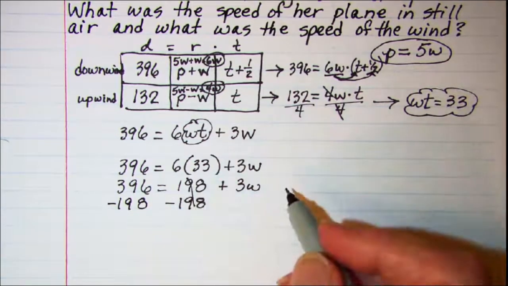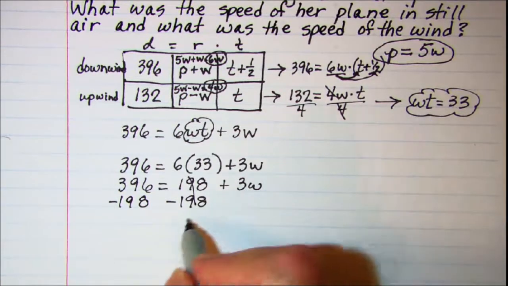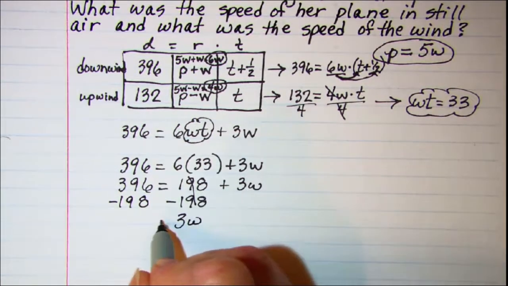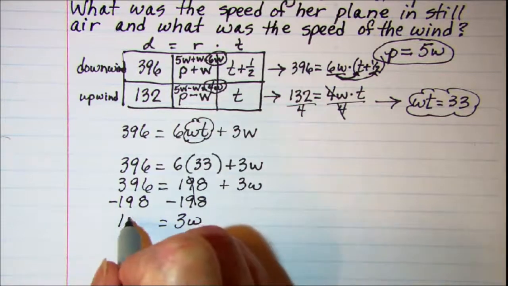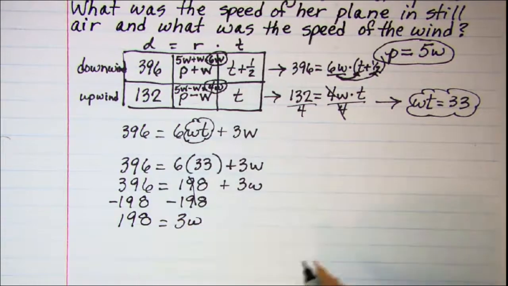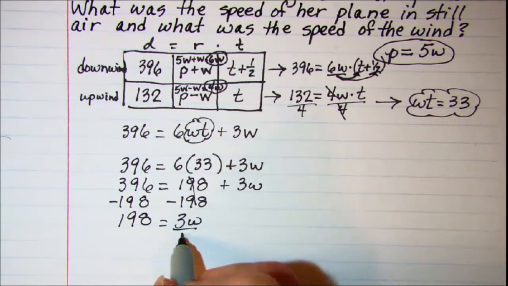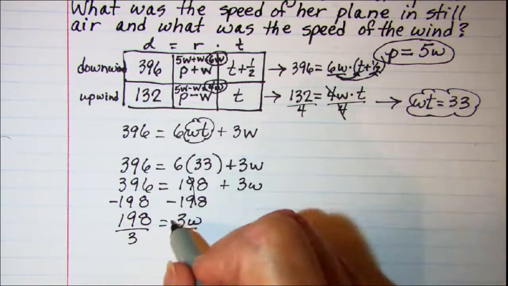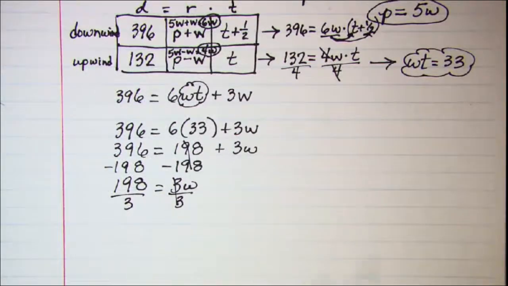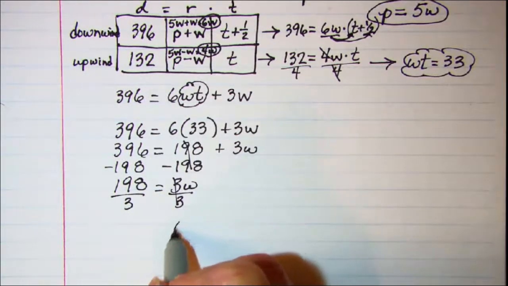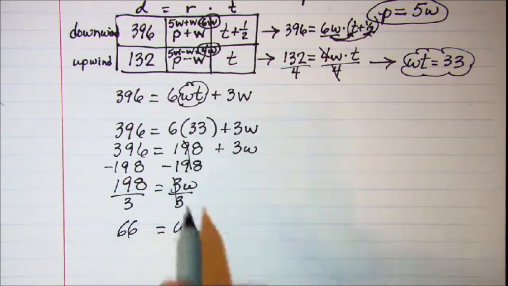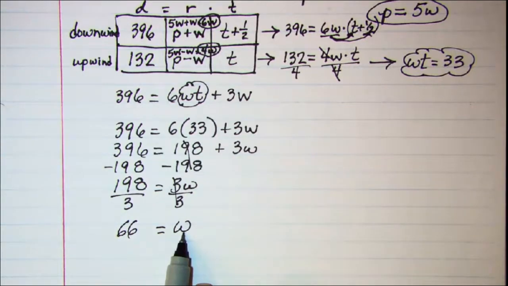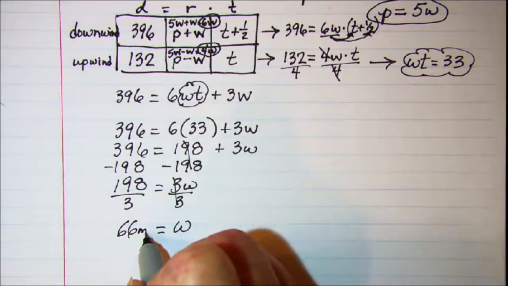These cancel, and I have just 3W on the right side, and on the left side I have 198 when I subtract. Divide both sides by 3. These will cancel, and I have W is equal to 66. Now this is the speed of the wind. I'm dealing with miles and hours, so this unit will be miles per hour.